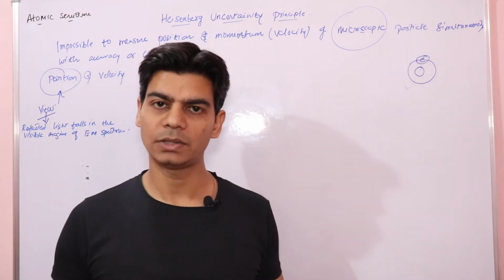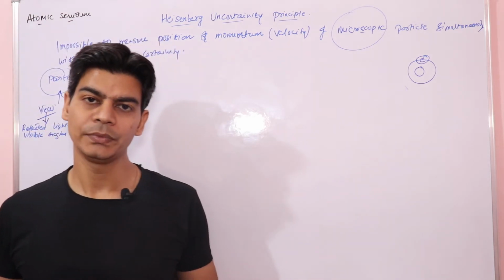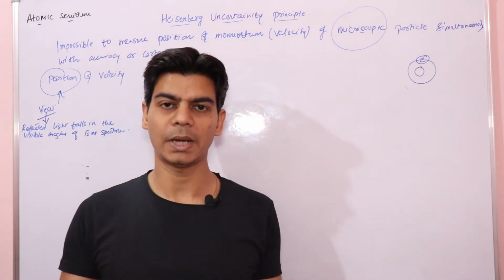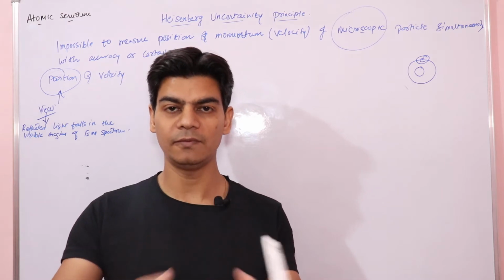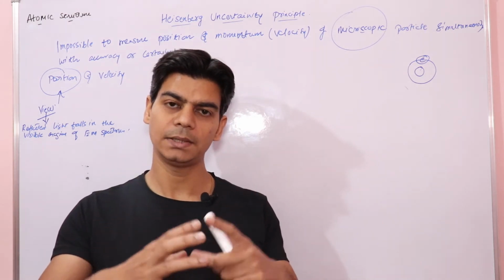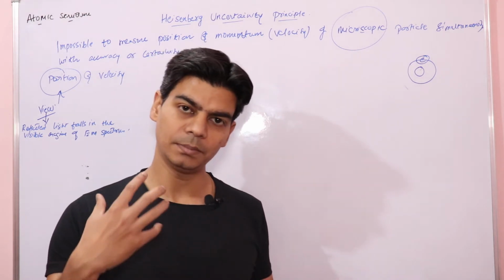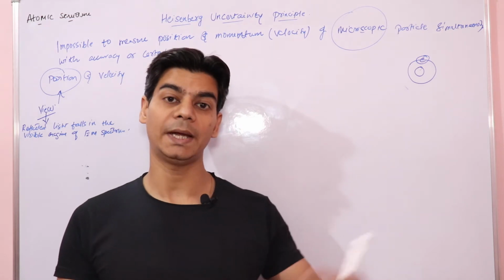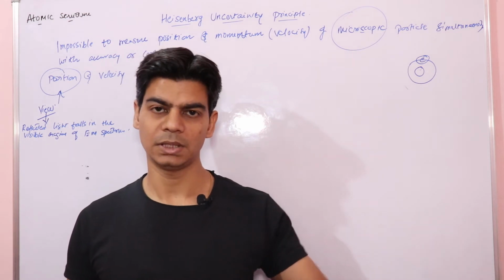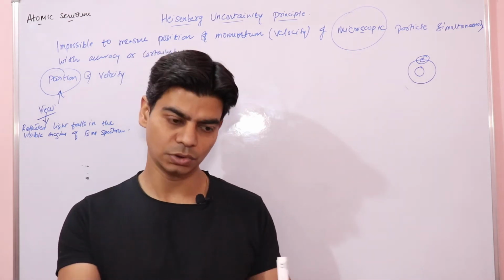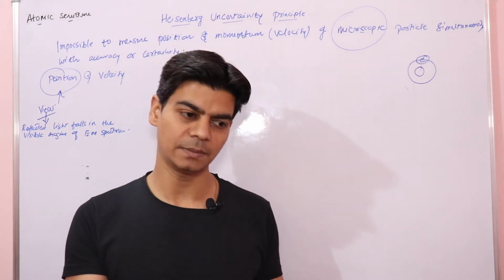When we talk about the visible region of electromagnetic spectrum, we mean the region where the wavelength or the frequency of light lies that we can see. Those radiations of the electromagnetic spectrum we can see with our eyes.